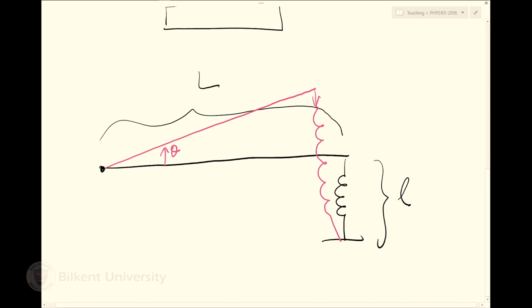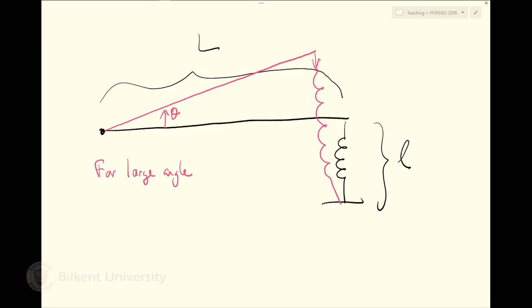However, we know the following. For large angle, if I actually calculate, let's say, the new length of the spring, I need to do it looking at the following triangle, right? The original position. Let's do it in blue.